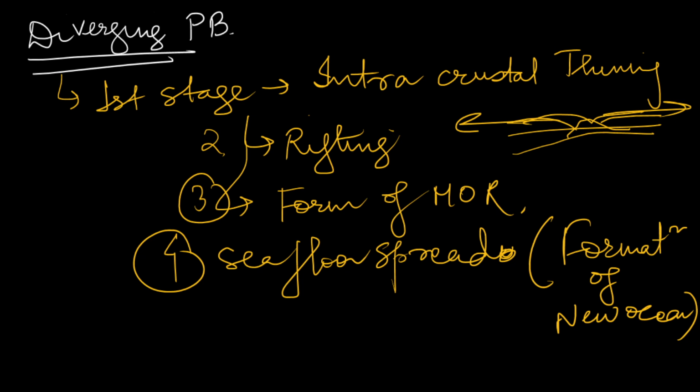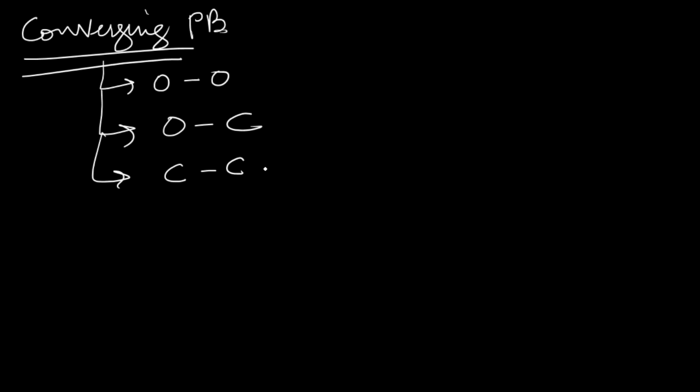Now let's go into converging plate boundaries. Actually, converging plate boundaries are of three types. First one is ocean-ocean convergence, when two oceanic plates converge with each other. Then we have ocean-continent convergence. Then we have continent-continent convergence. First, let's discuss ocean-ocean convergence.